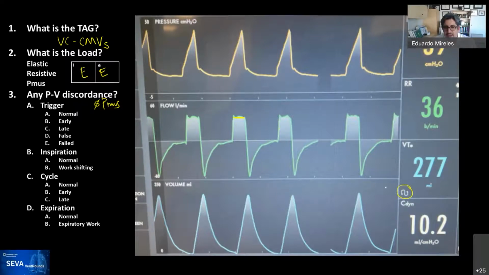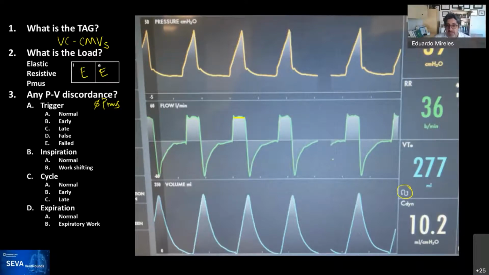This is a circuit compensation that is active, and it will modify the flow waveform to demonstrate irregularities that they are calculating from the airway that they think is PMOS, or changes in flow.